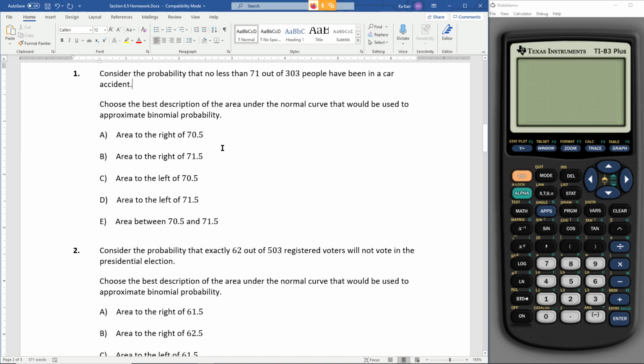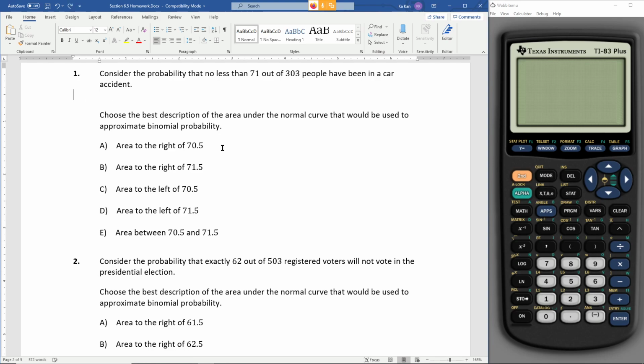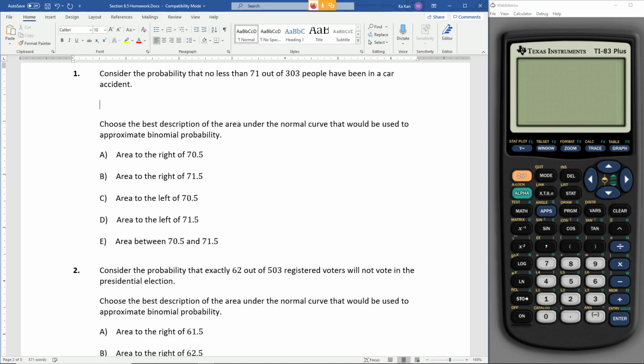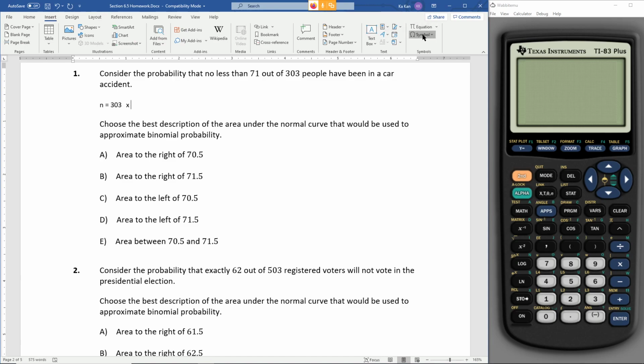So we know that for this problem, n equals 303, and we also know that no less than 71 means x is greater than or equal to 71.